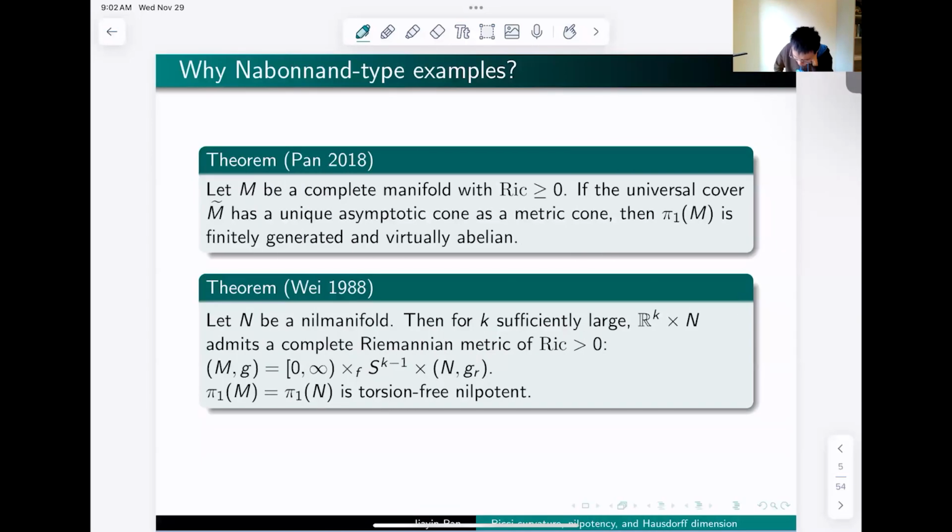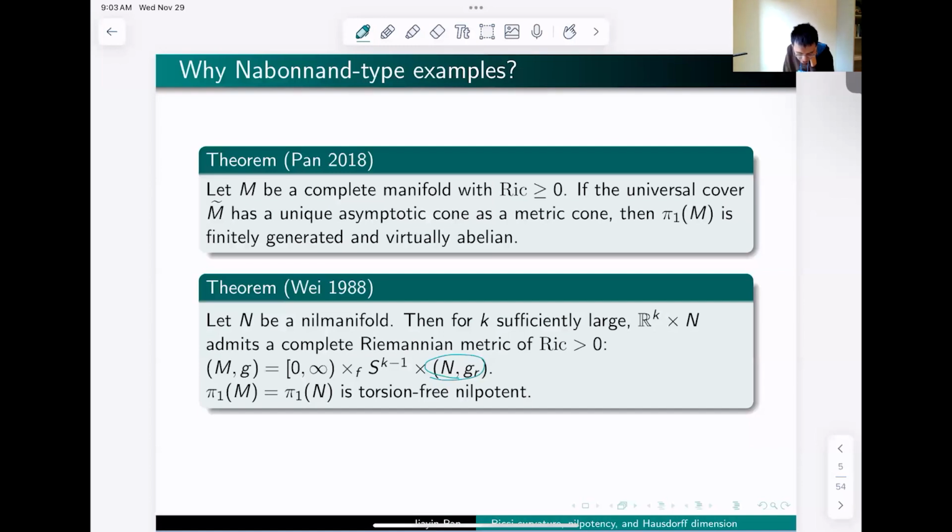She told me that she had an example during her thesis work: you can construct a Nabonnand-type example, but warp a nilmanifold. It's kind of similar to the Nabonnand example, but instead of a circle, or a manifold of non-negative Ricci curvature, here we take a nilmanifold with a family of Riemannian metrics, or with almost flat metrics. I'm going to say a few more words on this construction later as well.